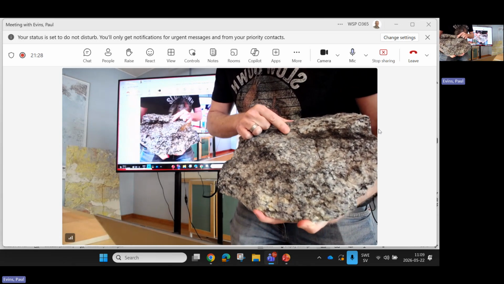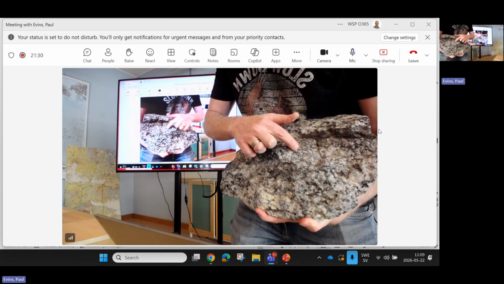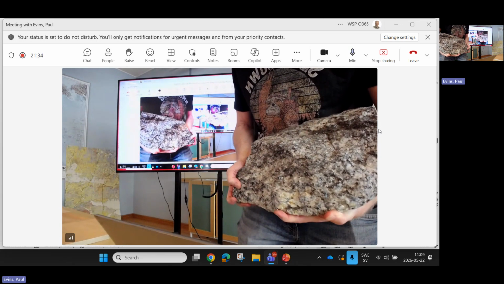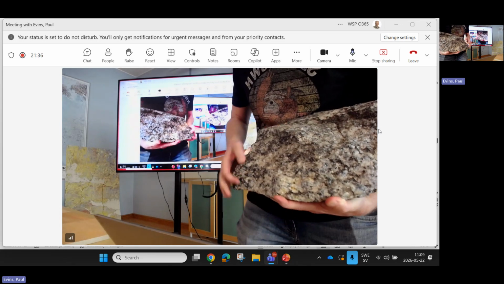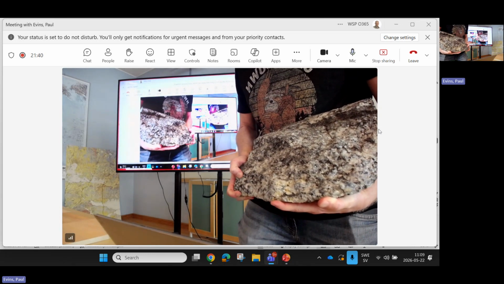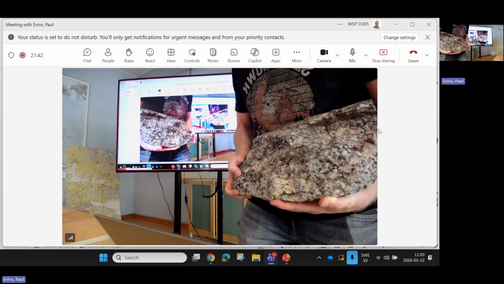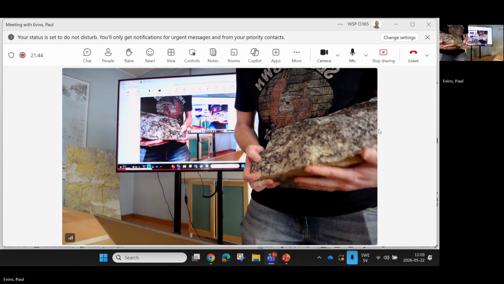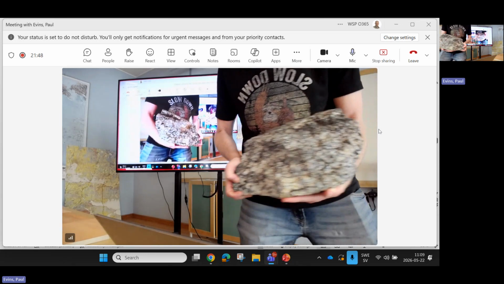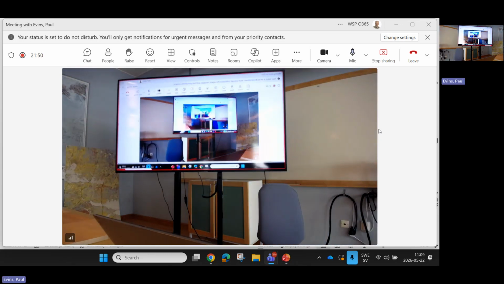There's a big chunky one. There's tiny ones, there's smaller ones there. There's smaller ones in the matrix. It's incredibly variable and does not have a huge amount of biotite in it. And it is, especially compared to the sedimentary gneiss I showed you before.